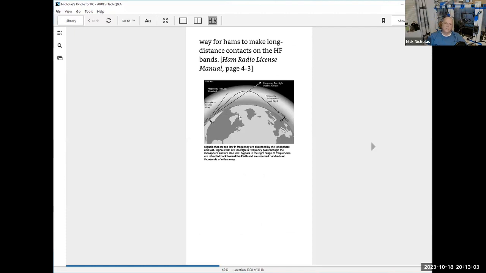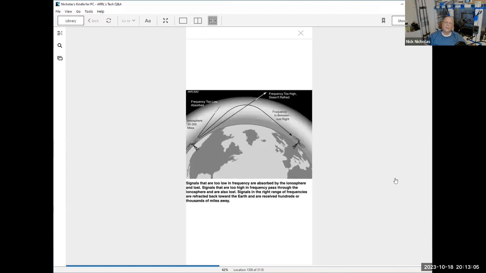In this chart, this drawing, it shows you signals bouncing off the ionosphere, and I kind of illustrated this before, that drawing I showed you. Well, UHF and VHF frequencies, their angle is never going to bounce back right unless it hits something way down close. And the charge doesn't get that close, because if it did, it would kill us.